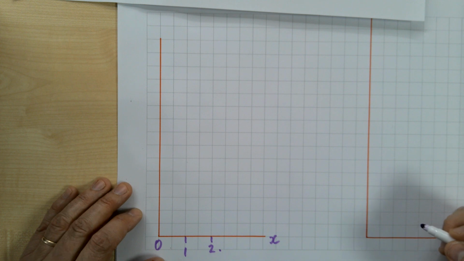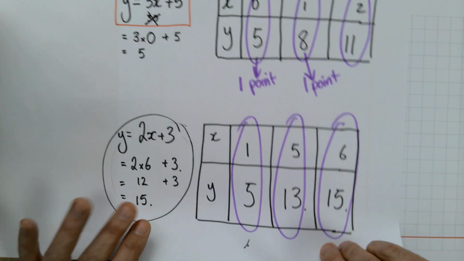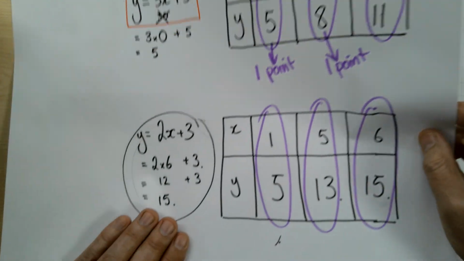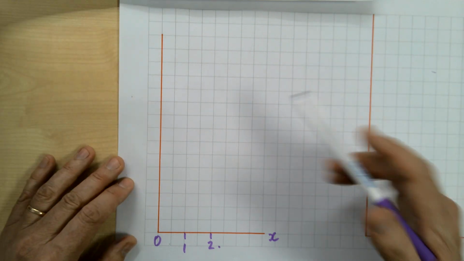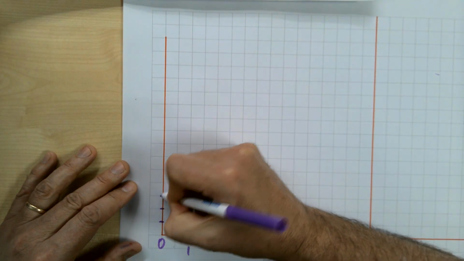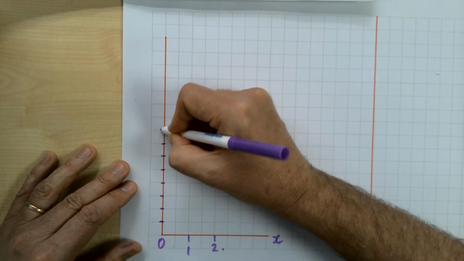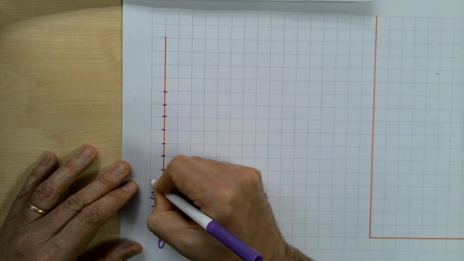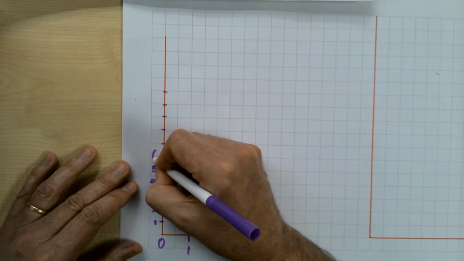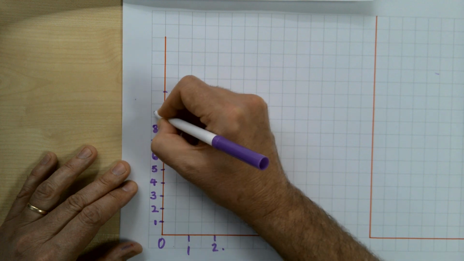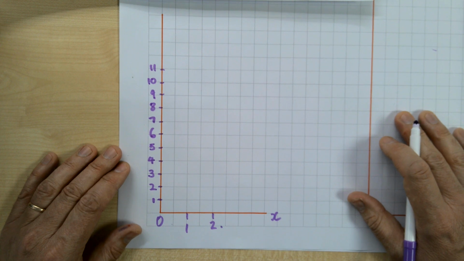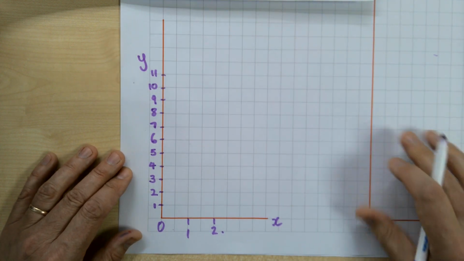Okay, so then what's the highest one I've got on here? I've got 0, 1 and 2, but it goes up to 11, so I need 11 on up here. So 1, 2, 3, 4, 5, 6, 7, 8, 9, 10, 11. Okay, and that's my y.